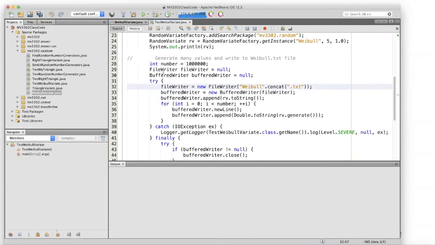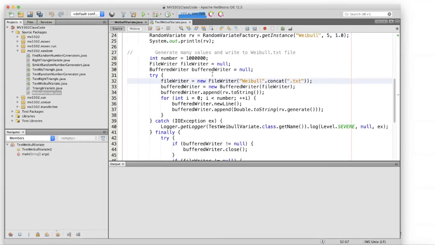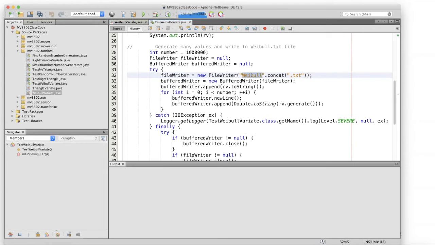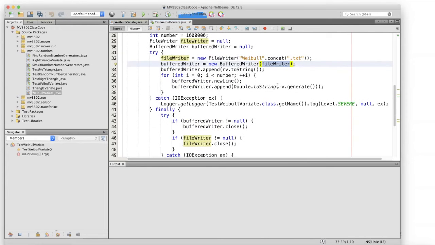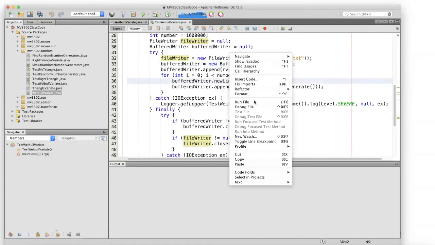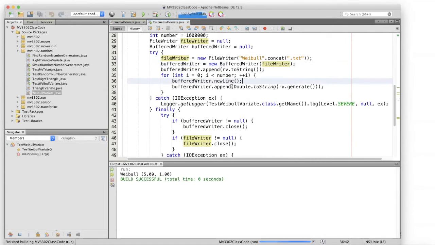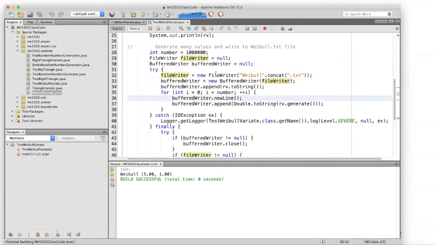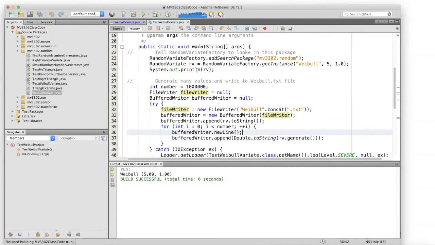All this code is basically exactly the same as it was yesterday. We're just creating this file, writing to it with a buffered writer from a file writer, etc. So if I run that, then okay. What was printed on the console was just this print line here, just to verify that the right things got in.